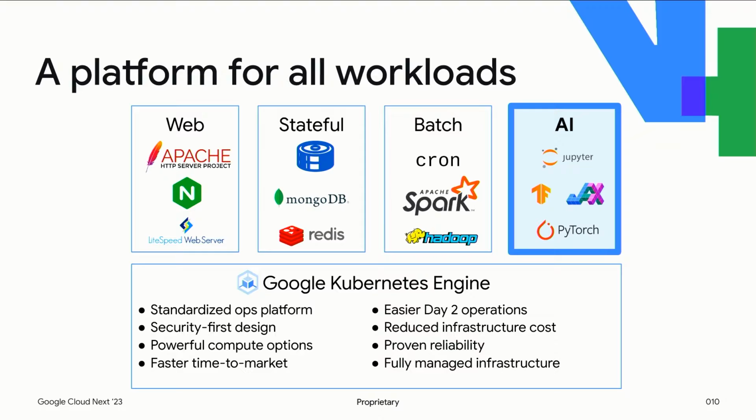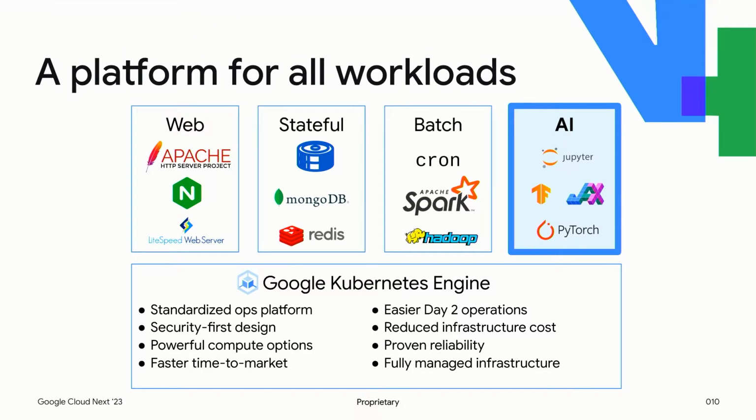Second, the key thing is we're in a rapidly changing market. In a rapidly changing market, your time to market, time to value for your customers, is super critical. So one of the most important things is how fast you can bring new capabilities to your customers and how fast you can validate those new capabilities. With GKE, we provide a standard platform that spans across all your application types: your traditional web apps, stateful apps, batch applications.